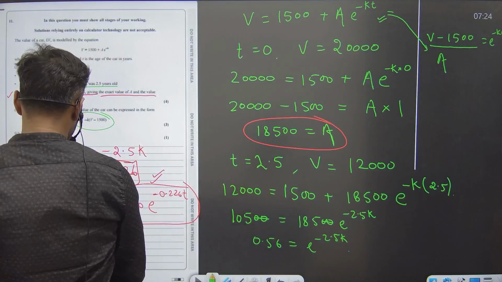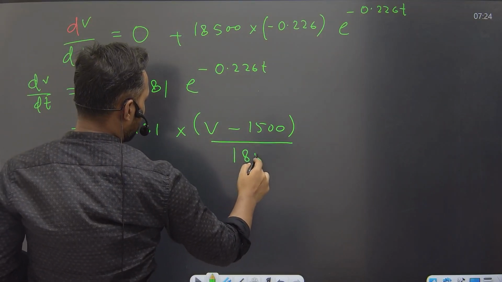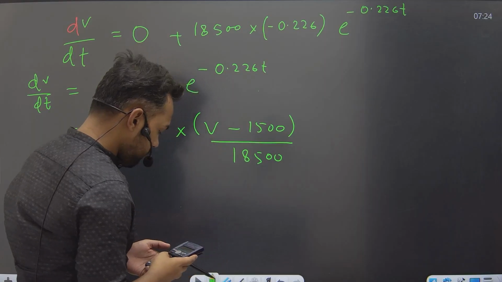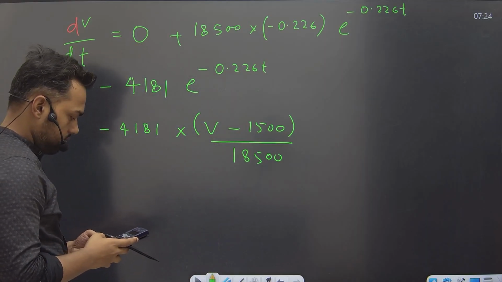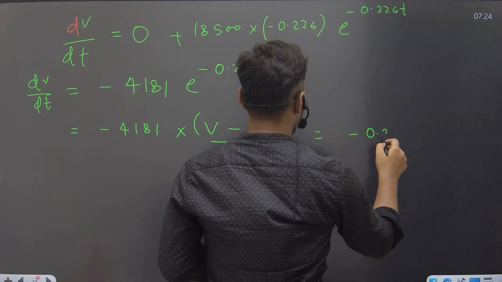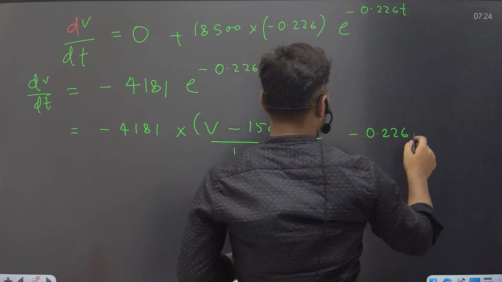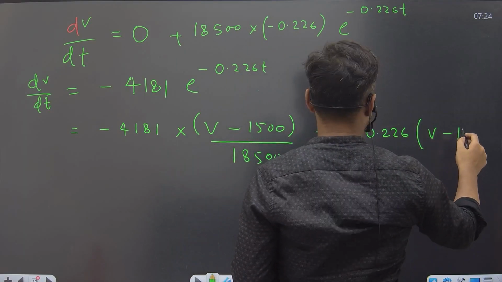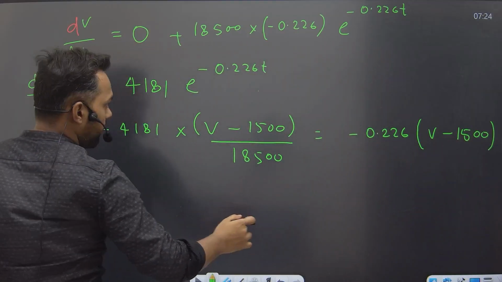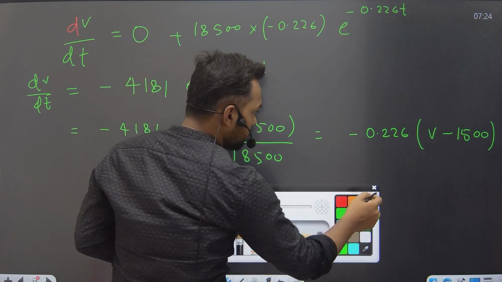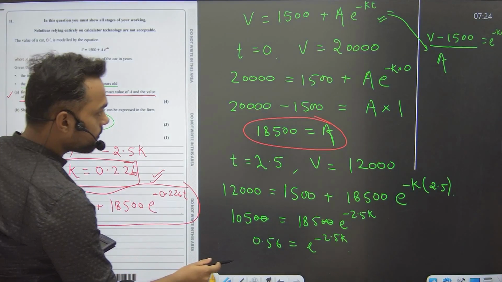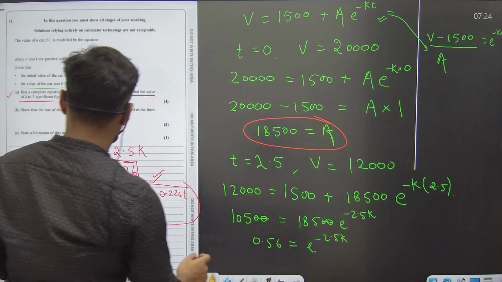A was 18,500, so a will be 18,500. After further solving it, we will get 0.226 to 6 cross of V negative of 1500. Okay, this was the value. Now we know that this particular value, students, was the value of K.